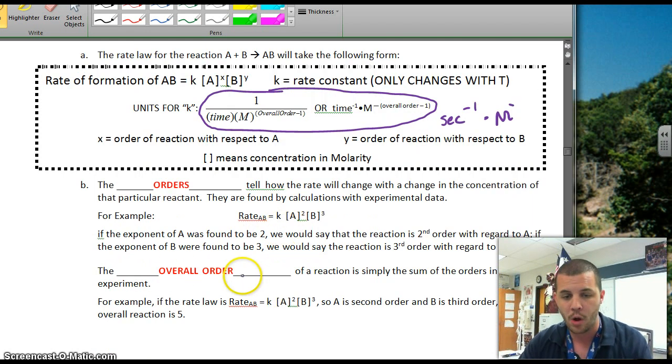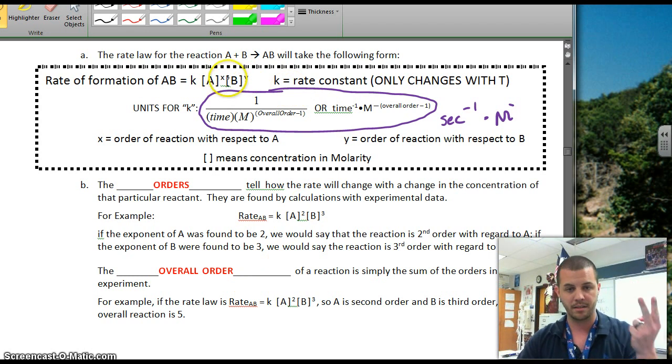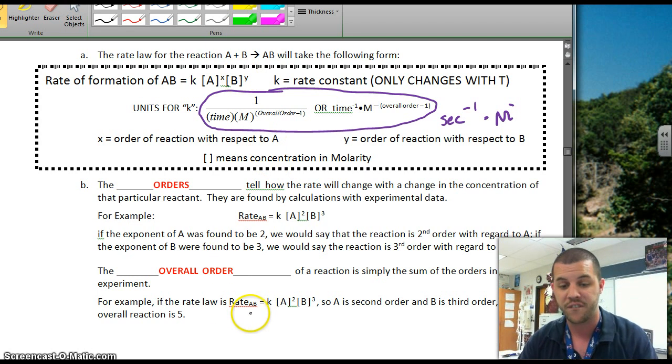The overall order is basically you just take your orders and you add them up, okay? So if X is 2, meaning that it's second order with respect to A, and Y is 3, meaning it's third order with respect to B, what that means is that we are going to have an overall order of 5, okay?